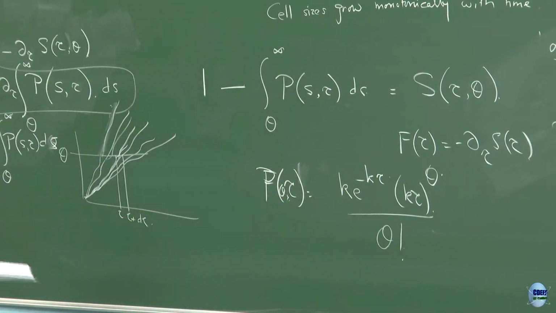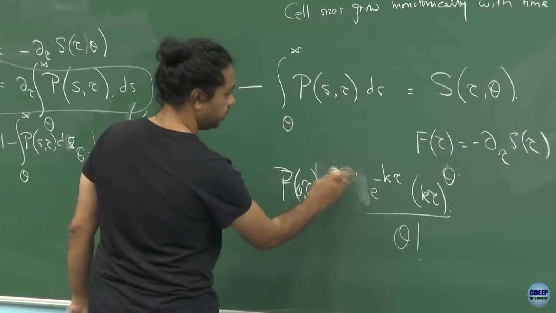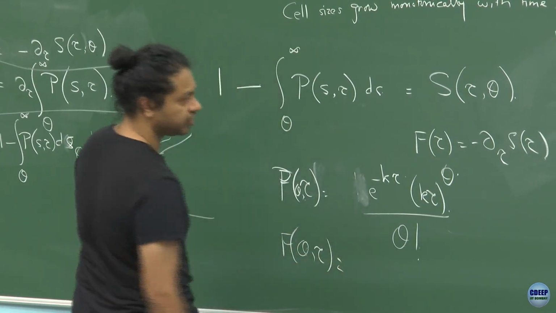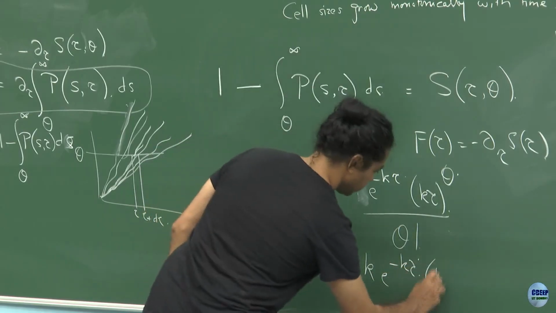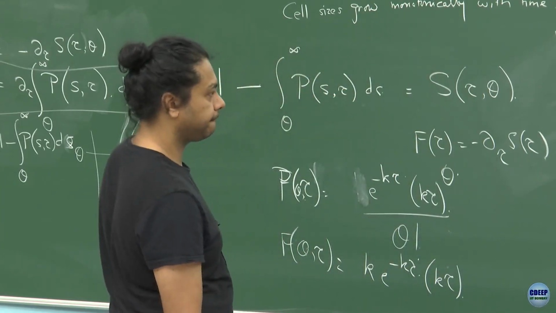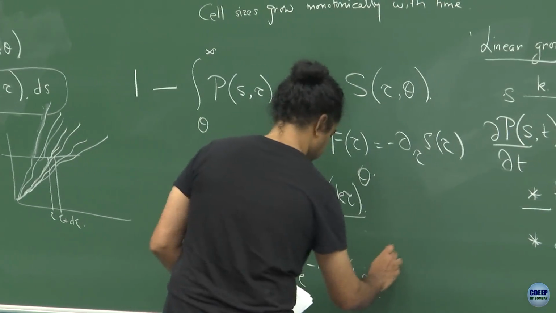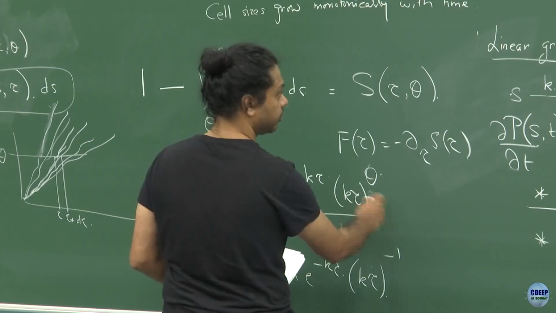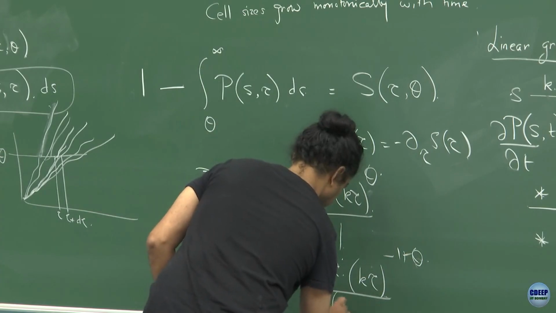And then you can get the corresponding f of theta comma tau, which is nothing but k e to the power of minus k tau, times (k tau) to the power of theta minus 1, divided by gamma of theta.